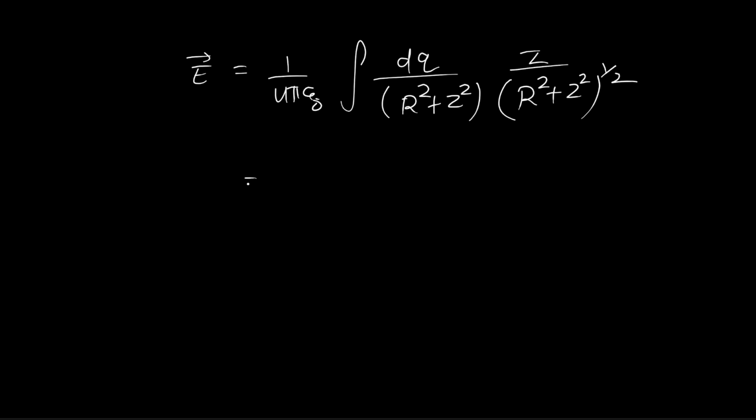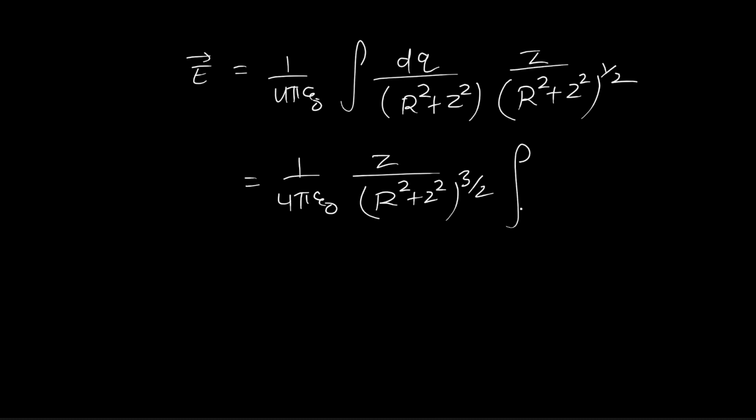Then we have 1 by 4 pi epsilon naught, and r squared is constant, z is also a constant, the distance at which we are finding the field, so the denominator simply comes out, and z also, and then you will get z by r squared plus z squared to the power 3 by 2.